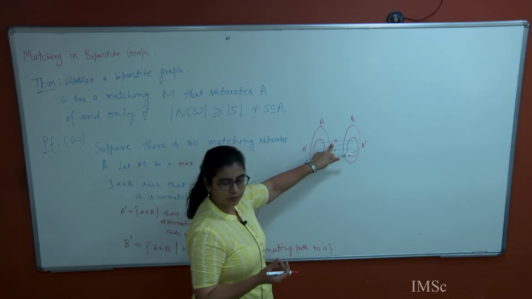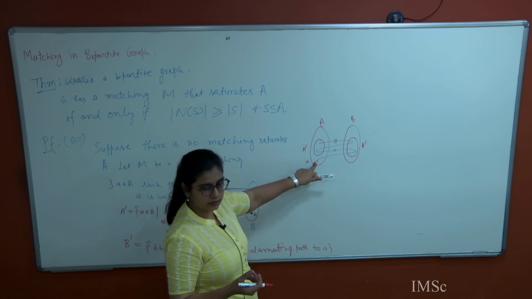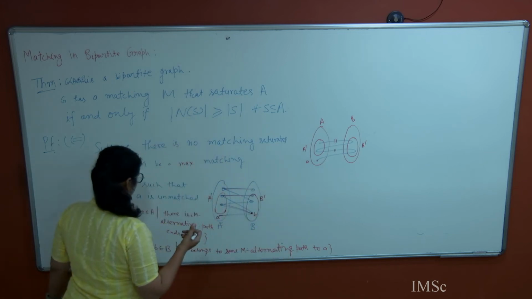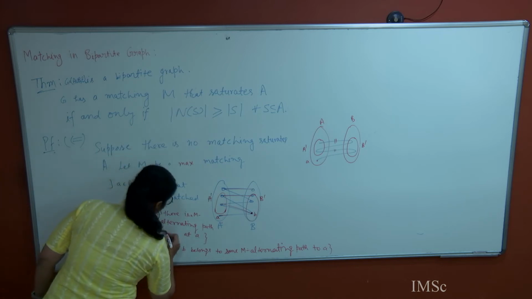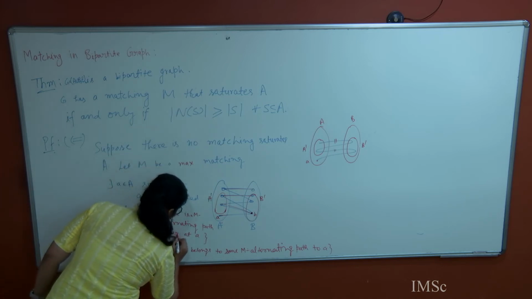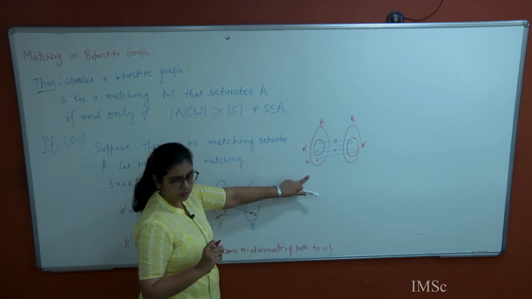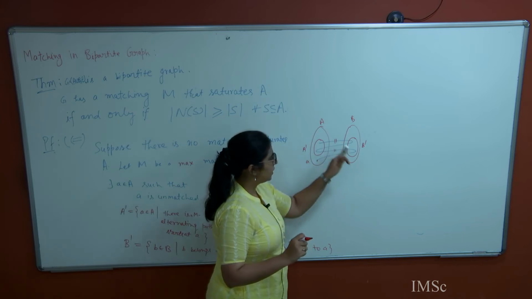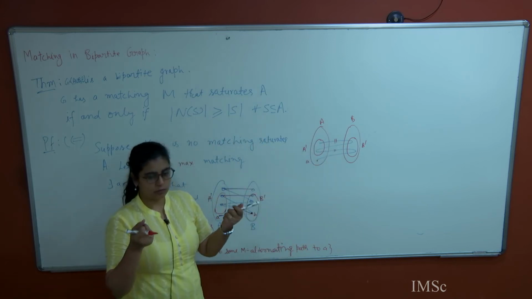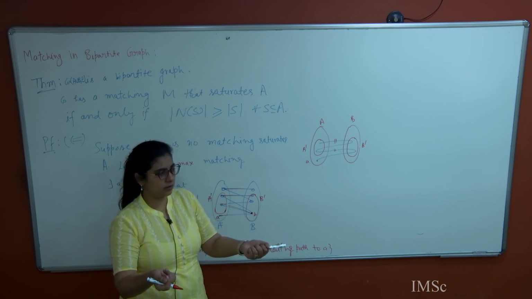An alternating path should start with an unmatched vertex, right? So we are starting here. You can say it starts at A. This alternating path should end with the matching edge, otherwise you would have an augmenting path already.